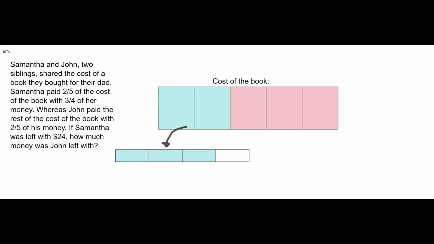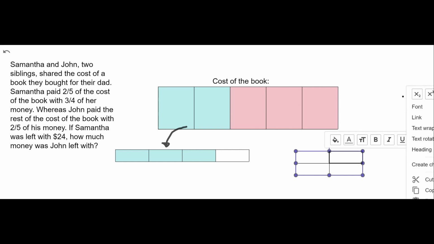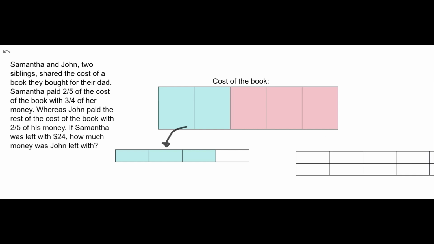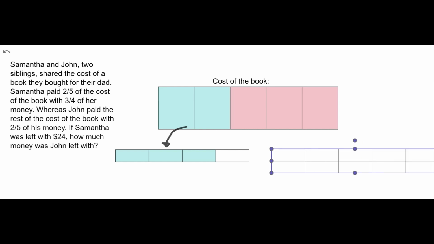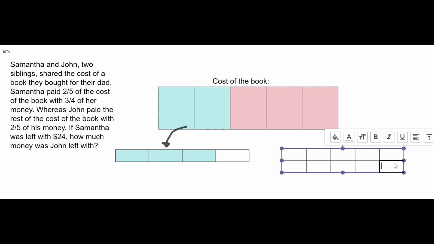Now we'll make a rectangle for John that'll represent the amount of money he had. Needs to be in fifths. There we go.